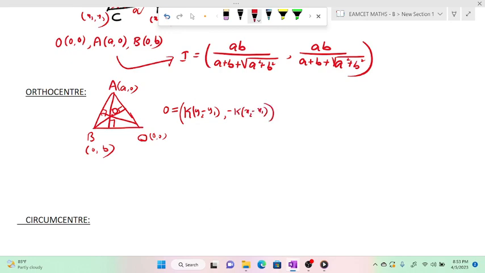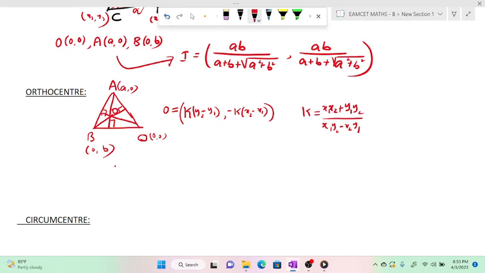This is the orthocenter, where k is equal to (x1x2 + y1y2) / (x1y2 − x2y1). This is the orthocenter formula: (k(y2 − y1), −k(x2 − x1)). Here the k value is (x1x2 + y1y2) / (x1y2 − x2y1).